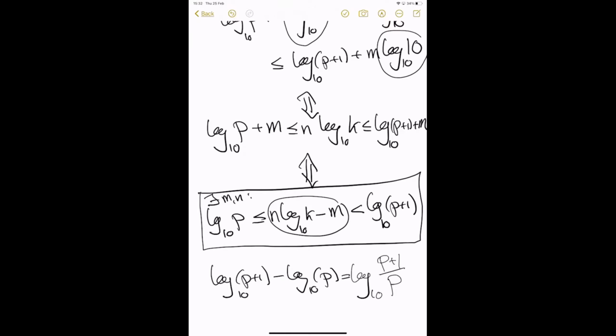The length of this interval asymptotically is 0. 1 over p is its speed of convergence. So when p is very big, this is very close to 1, and the log of that is very close to 0.